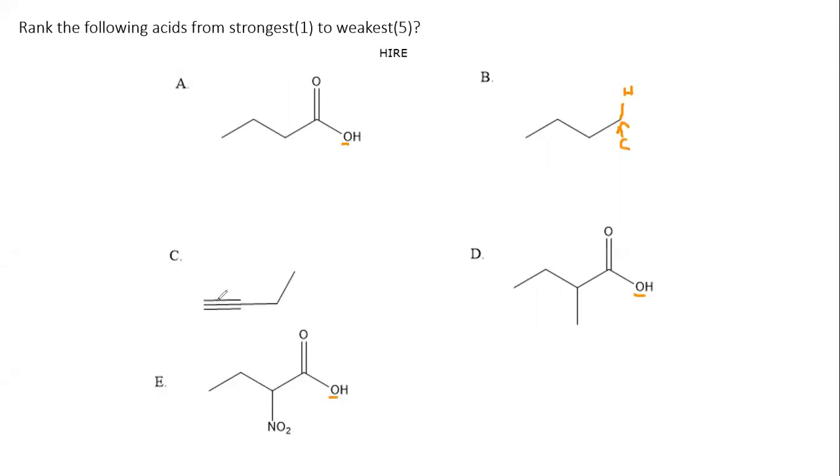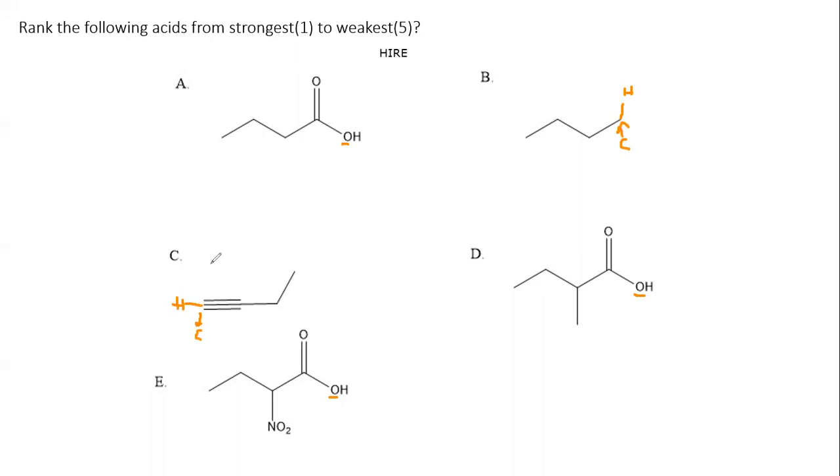And then C also has a hydrogen attached to a carbon. So in theory, it could have an acidic proton. So for C and B, the acidic proton is attached to a carbon. For A, D, and E, the acidic proton is attached to the oxygen.